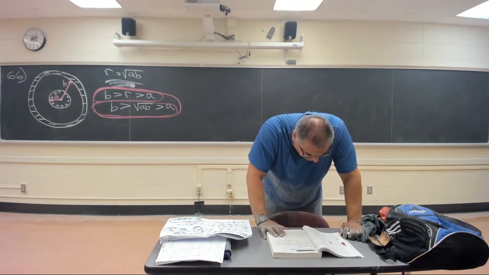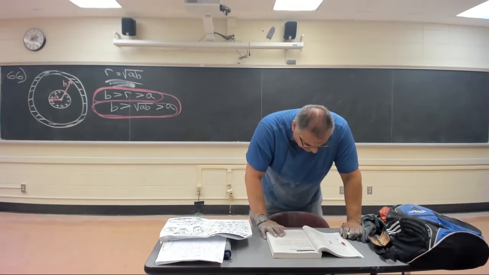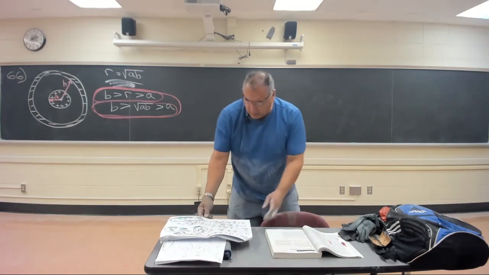Show that half the stored potential energy lies within the cylinder, whose radius is this. Okay, so let's see what we can say here.